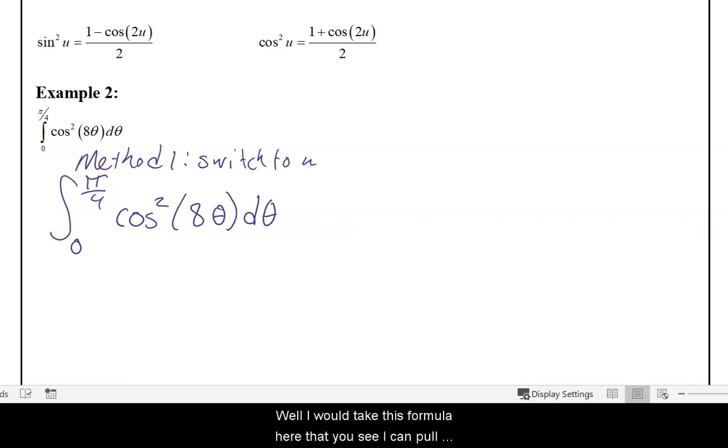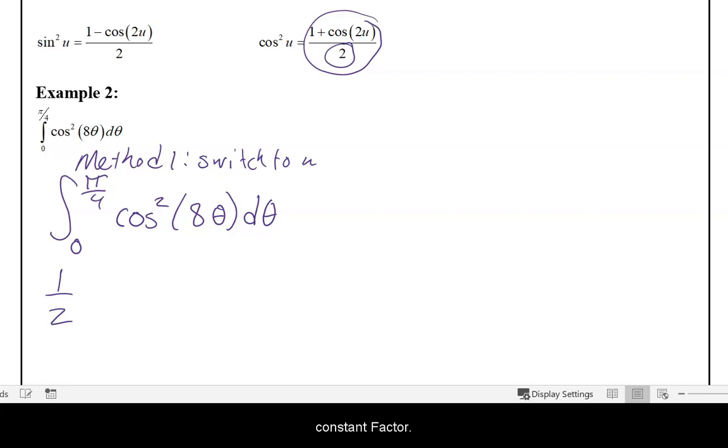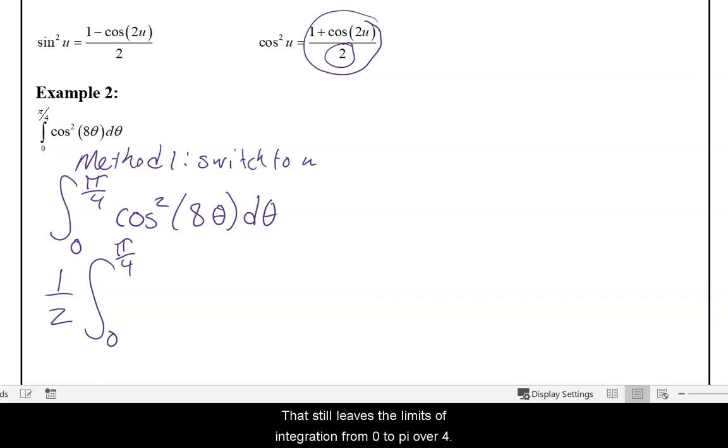Well, I would take this formula here that you see. I can pull the 1/2 that's in the denominator to the front as a constant factor. That still leaves the limits of integration from 0 to pi over 4. Now for the integrand, I have the numerator in parentheses, 1 plus the cosine of double what was there before.